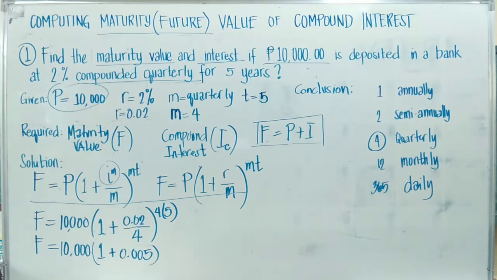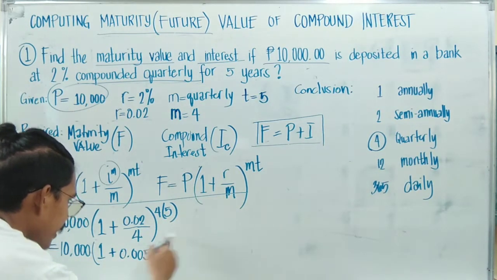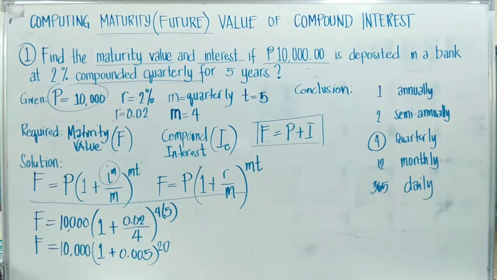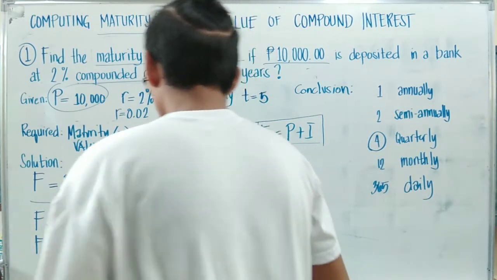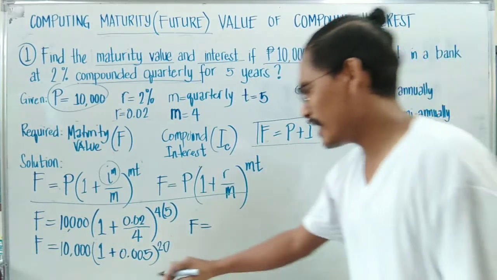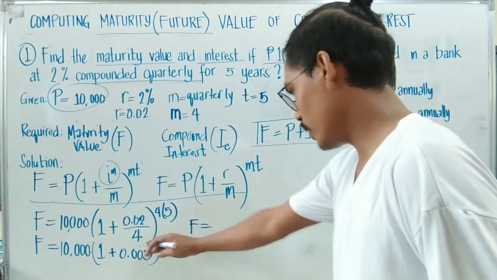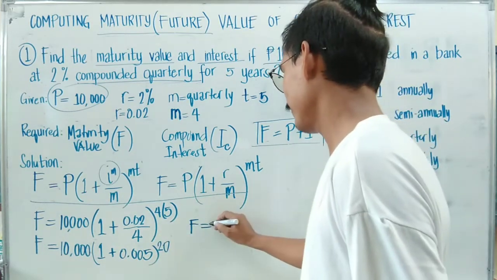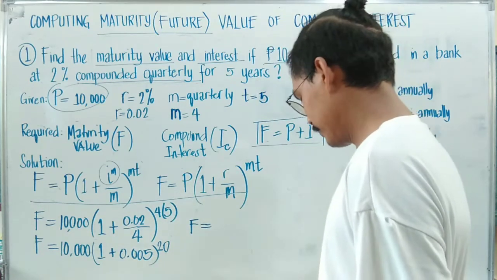Then raise to 4 times 5, and that is 20. Then of course, using your calculator, or if you have the time to compute this manually, you can, but in my case, I will be using a calculator.